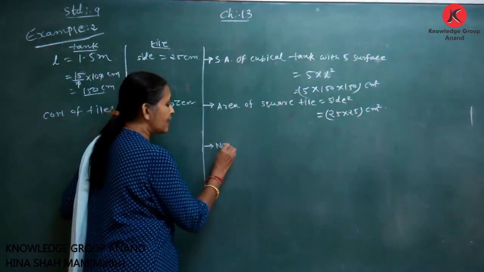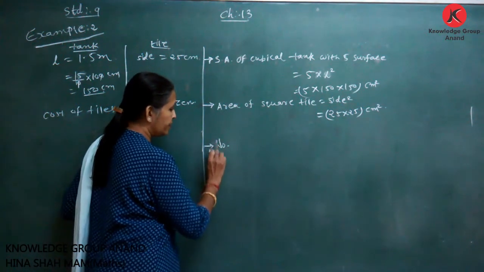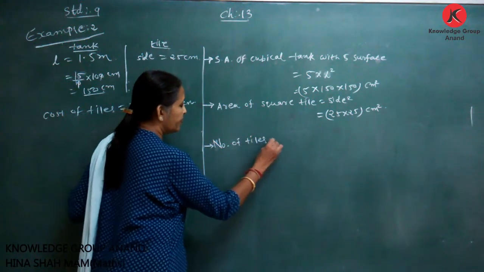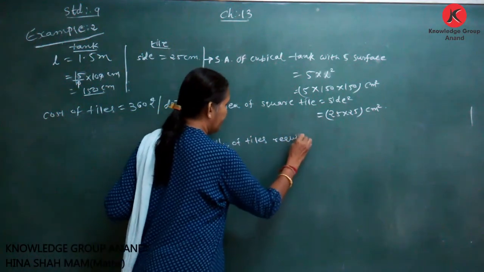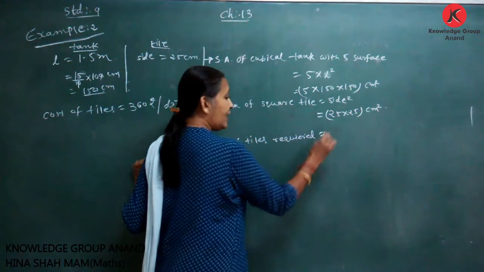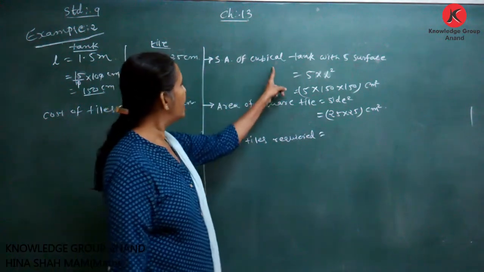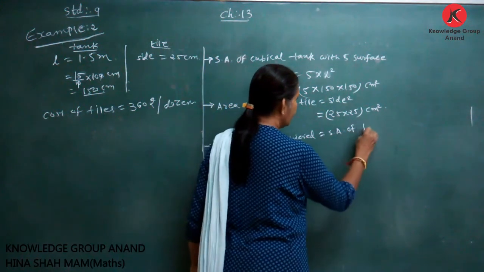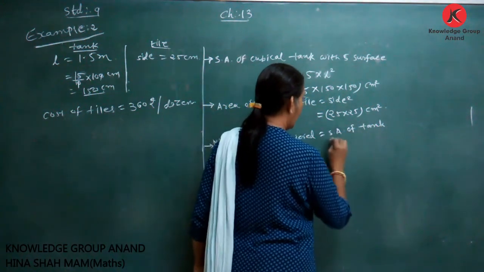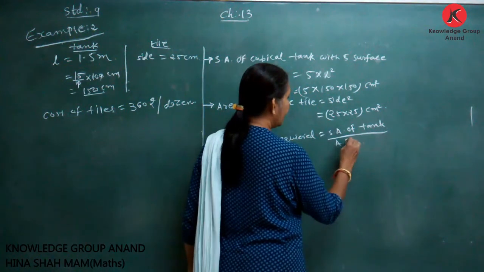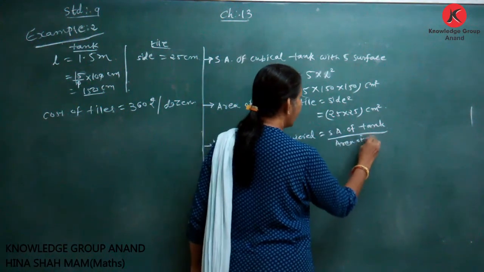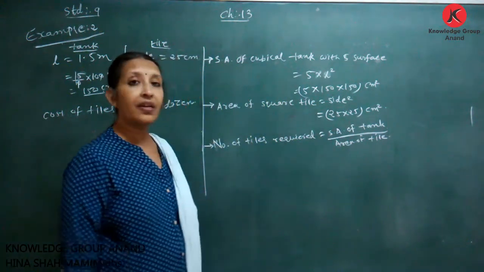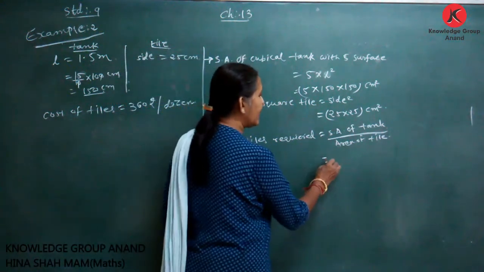Number of tiles required is equal to surface area of the tent upon area of one tile.